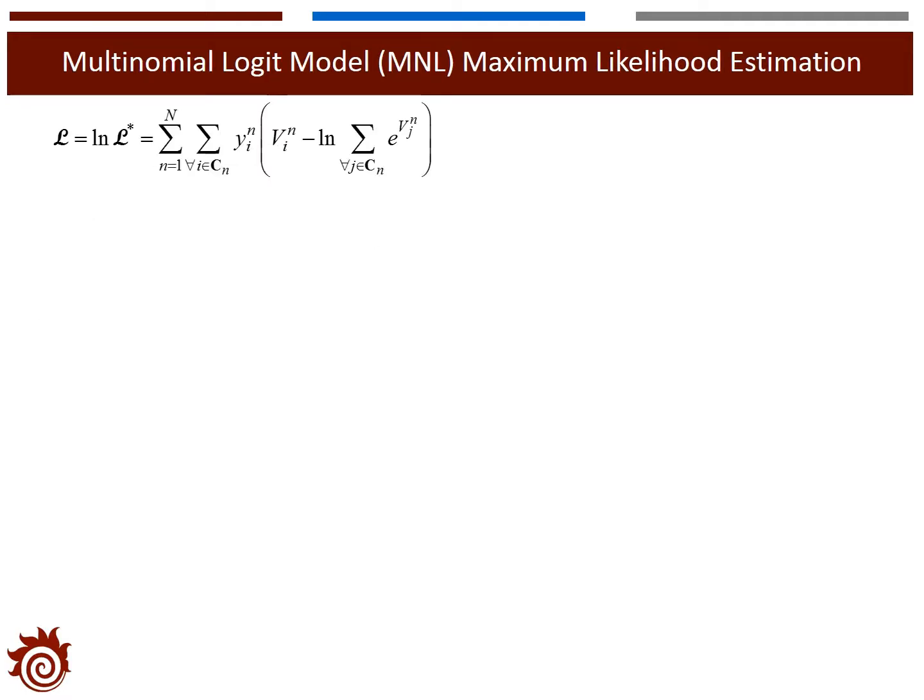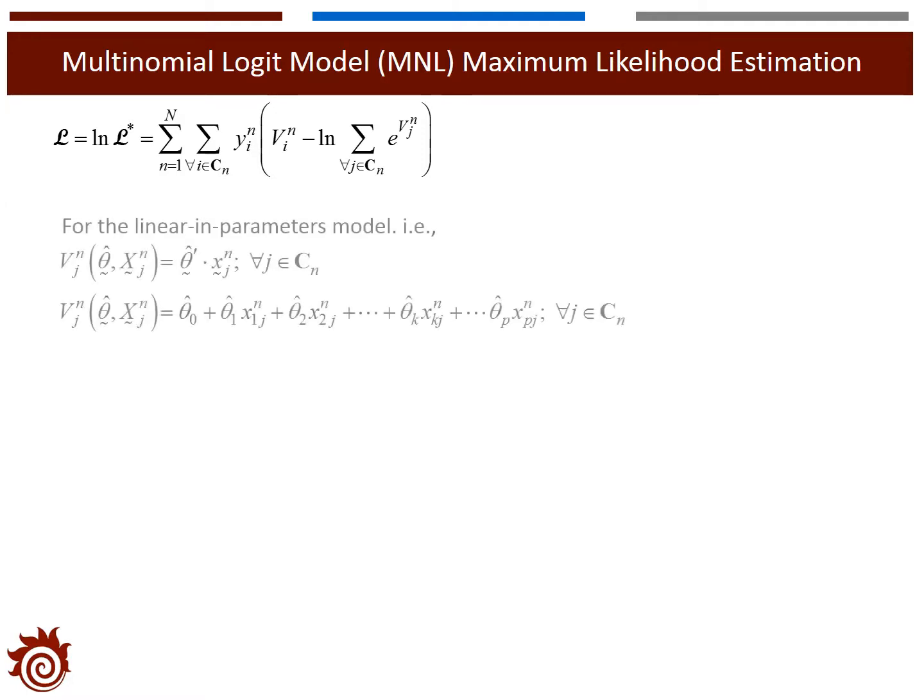Then we can further expand the log likelihood as a function of several variables theta. From our previous assumption, the deterministic utility Vj is a linear function of theta and the independent variable x.